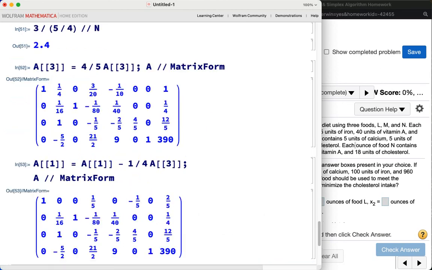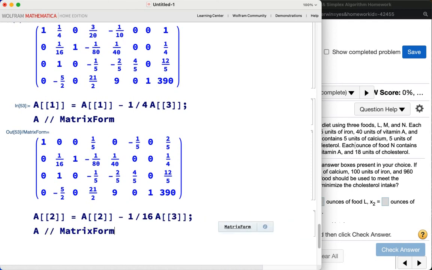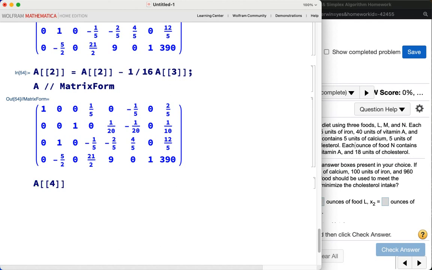The new second row is equal to the old second row minus 1 over 16 times the third row. And then finally, oh sorry, no, that's the fourth row. We're changing the fourth row. The new fourth row is equal to the old fourth row plus 5/2 times the third row.